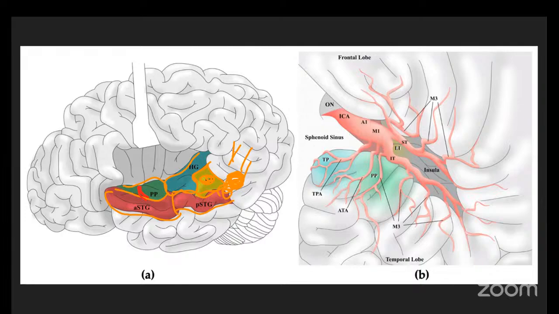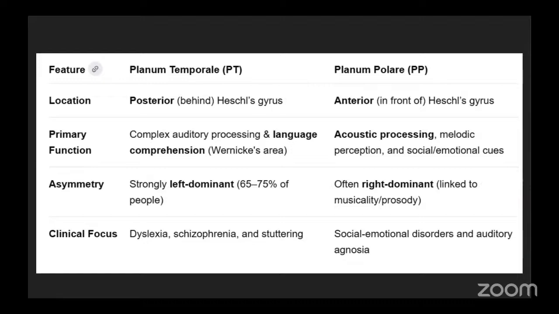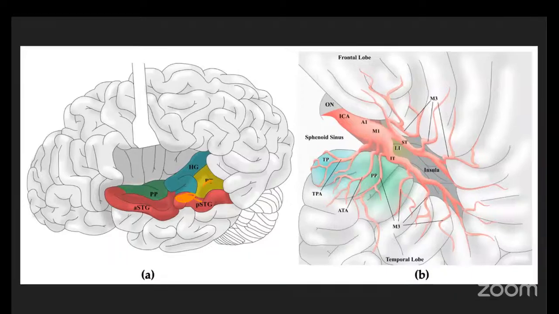Clear all of this and go back to the comparison table. So planum temporal, which is posterior to Heschl's gyrus, is involved with the language comprehension and the auditory processing, because we remember that this region here is associated with the primary auditory cortex and the language area.